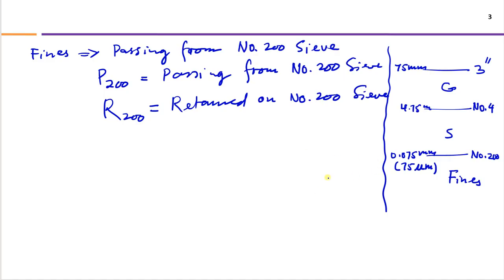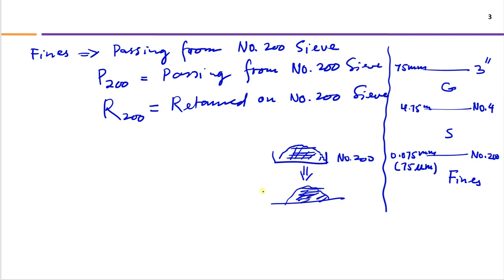Suppose here is my sieve, number 200, and we pass some material through this sieve. Some of the material is not going to pass through because the particles are bigger, so they are going to stay, and some material is going to pass through because the particle size is smaller, so it can pass through the opening.